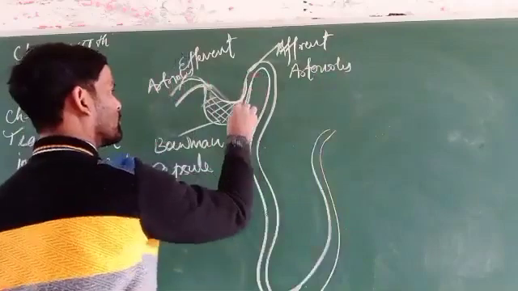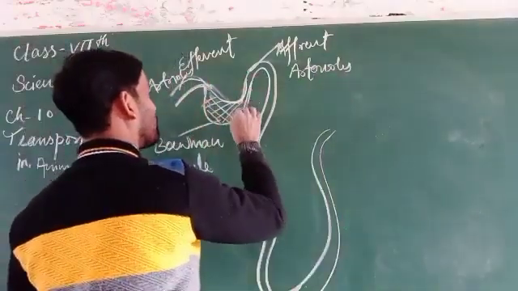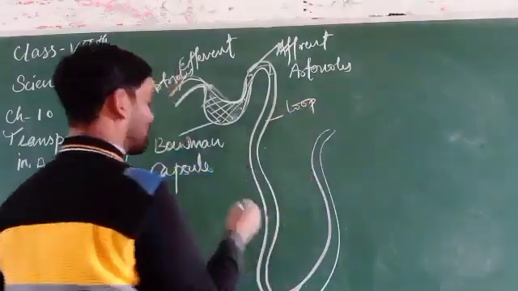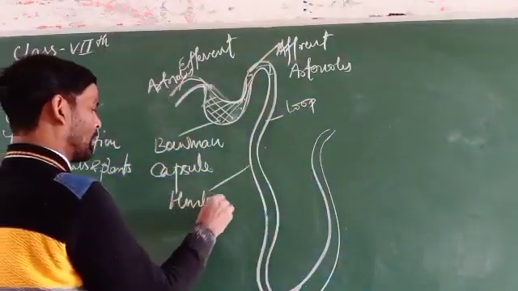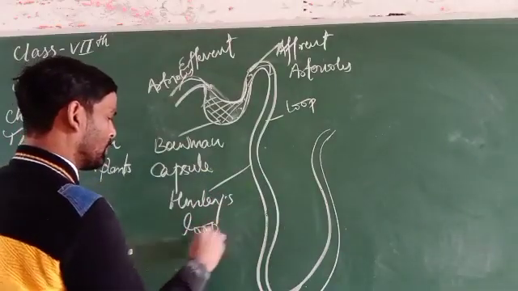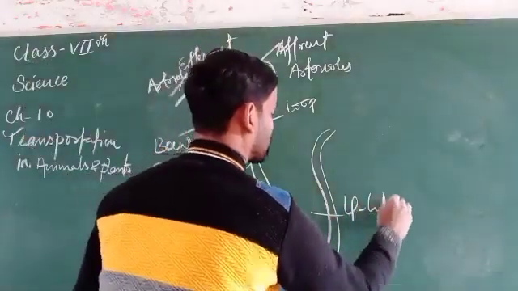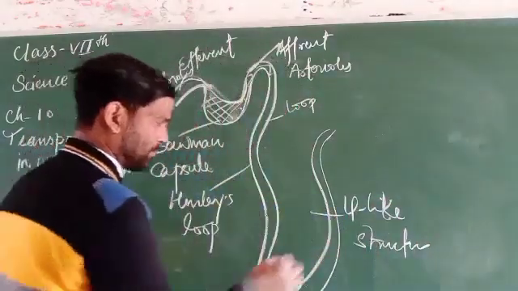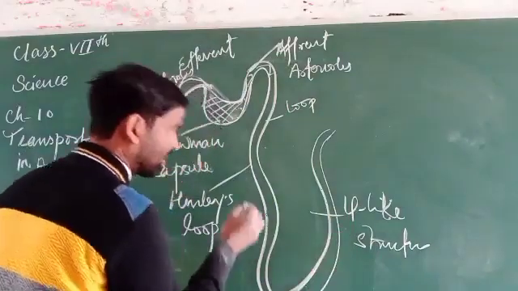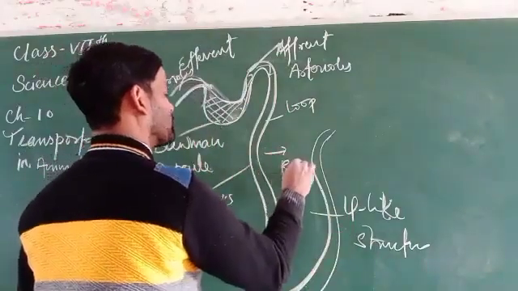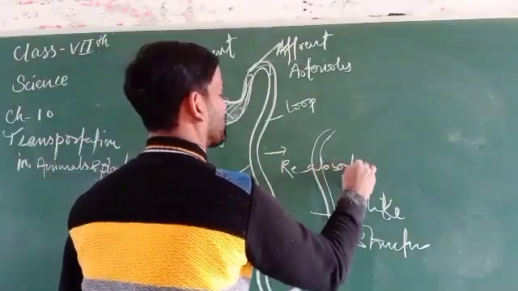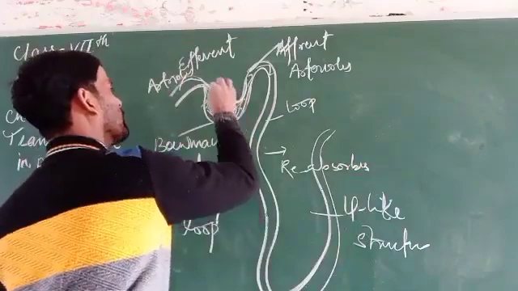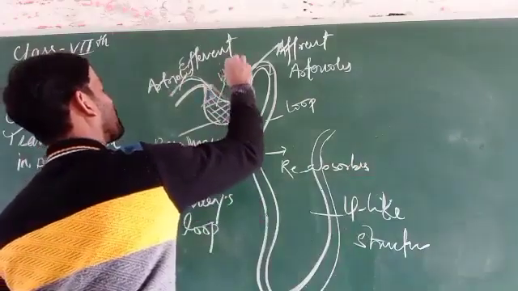Here the blood gets controlled and moves up to the loop-like structure. This loop is called Henle's loop. It is a U-like structure in which the loop absorbs and reabsorbs the materials which are separated.